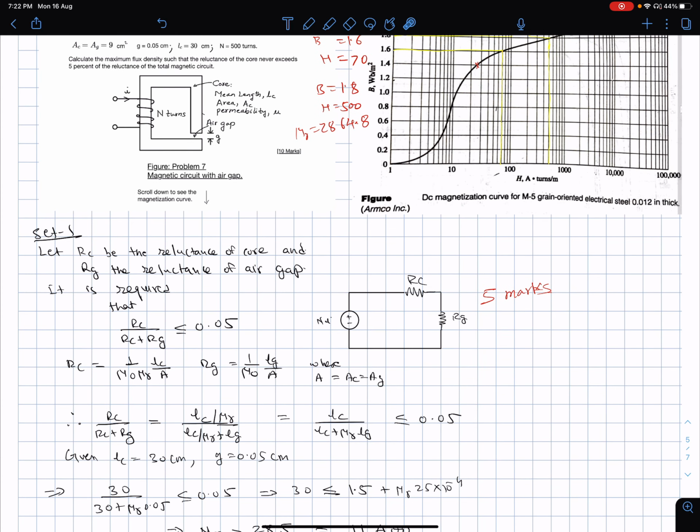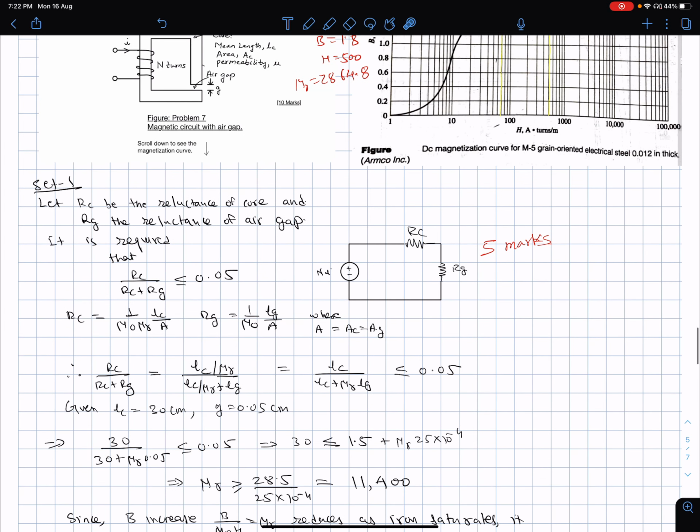So write down for Rc, the core reluctance, which depends upon mu r also: 1 by mu 0 mu r times Lc by A. For Rg, just write Rg equal to 1 by mu 0 times Lg by A, and AC and Ag are all the same as A. So when you take this ratio, these A's are all going to cancel out and mu zeros are also going to cancel out.